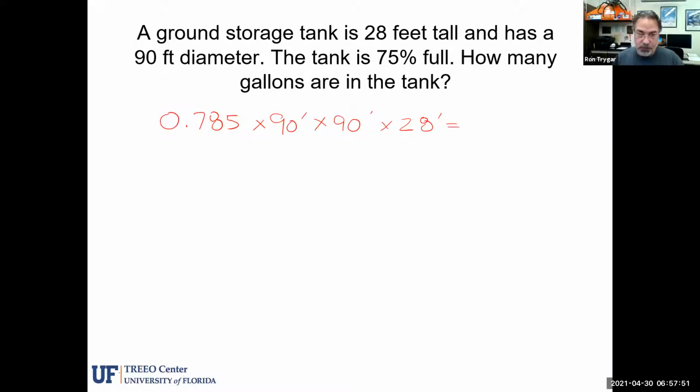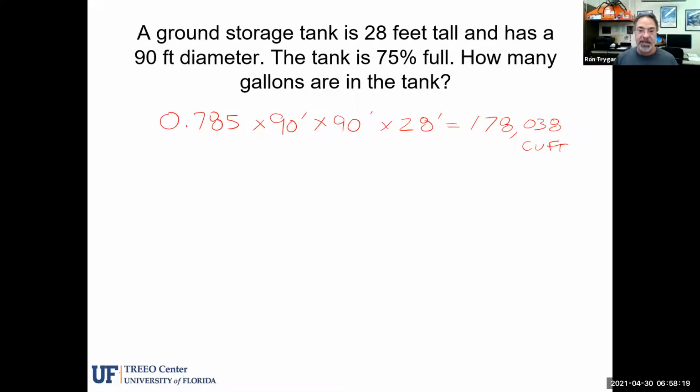I'm taking this step by step, so you can always work it out a little faster if you'd like, but 0.785 times 90 times 90 times 28, and I came up with a cubic foot volume of 178,038. So this is cubic feet volume.